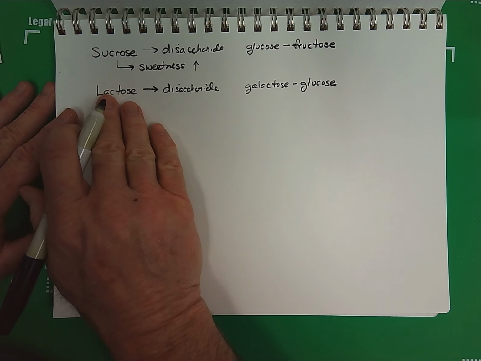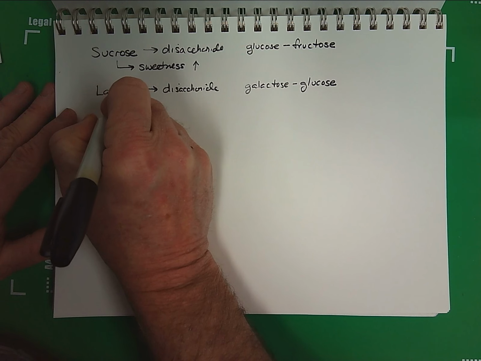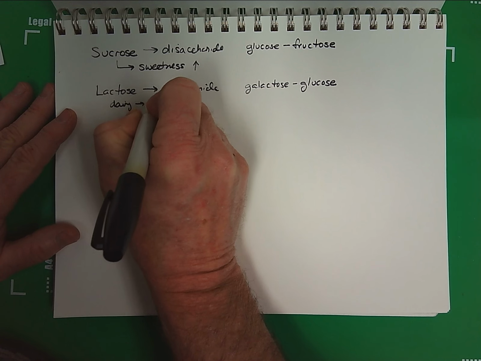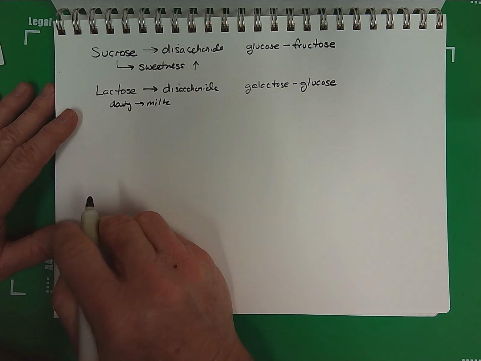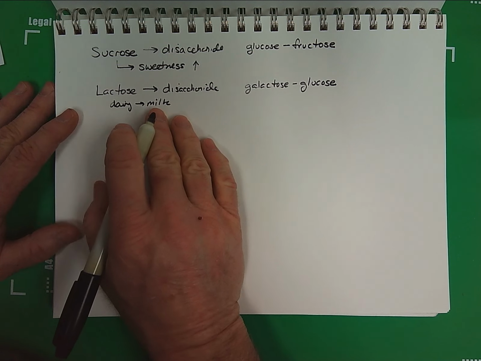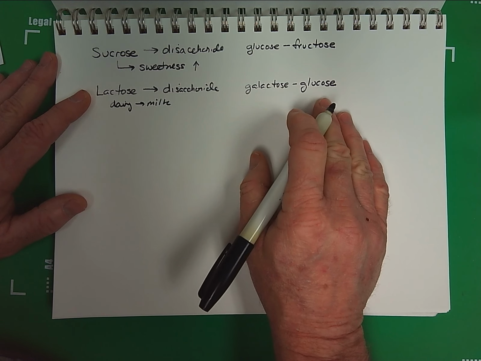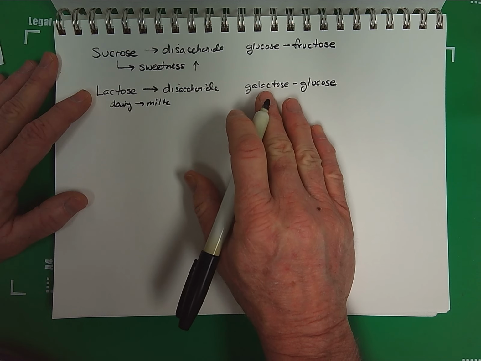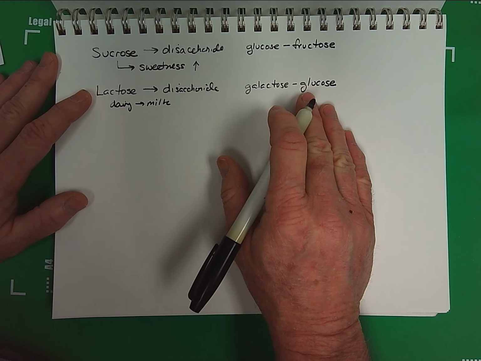And lactose is found, of course, mostly in dairy products, such as milk. And in dairy products, the lactose provides us with a large component of carbohydrate in the form of the galactose-glucose disaccharide molecule.